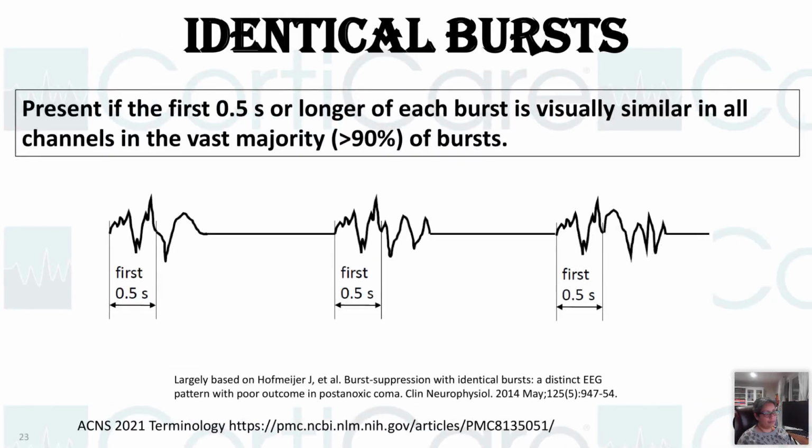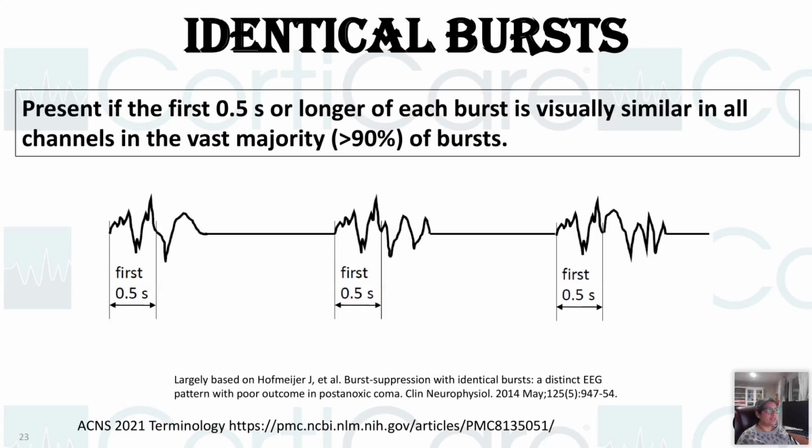Let's look at the ACNS guidelines. If you look at the morphology of the burst and the duration of these bursts, it doesn't match, right? It's quite dissimilar, all 3 bursts. But the first half second of these 3 bursts is identical.